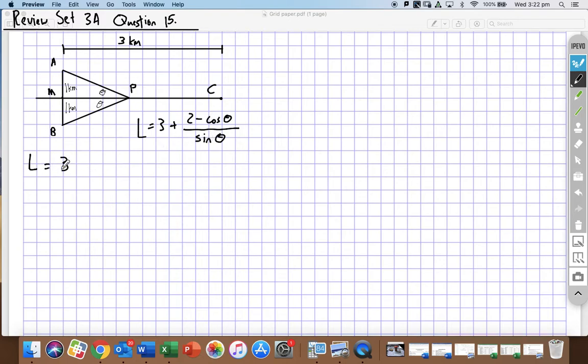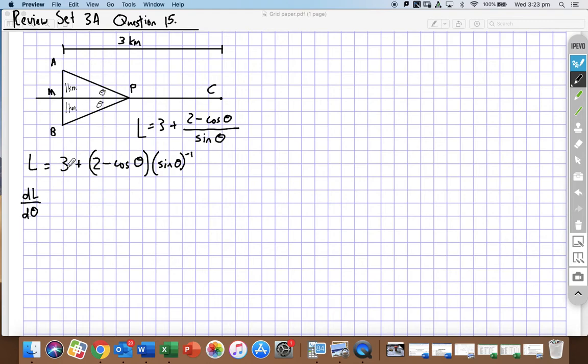I think when you have fairly simple fractions, it's often better just to jump in with the product rule to find the derivative. So if I write sine theta to the minus 1, all right. So we want the derivative.